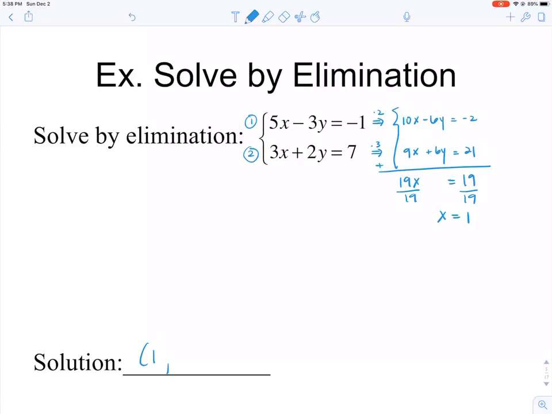I'm going to take equation 2, just since there's all positive coefficients. So 3 times 1 plus 2 times y equals 7. So that's 3 plus 2y equals 7. Subtracting 3 from each side of the equation, we'll get 2y equals 4. So then when we divide by 2, we get y is equal to 2.